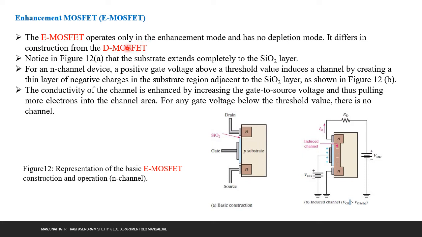So after we read out the first point, I can make out the difference between the E MOSFET and D MOSFET. The E MOSFET, the enhancement MOSFET, can be operated only in enhancement mode, but the D MOSFET can be operated in two different cases: both enhancement mode and depletion mode.